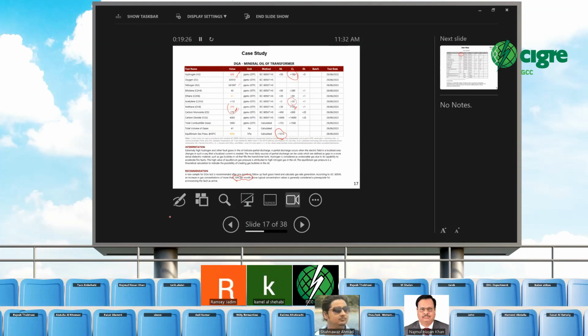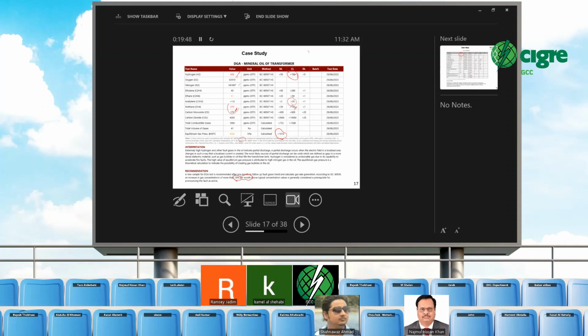And this is according to the IEC standard 60599/2022. The last version, it's 20. The problem is that acetylene comes with very, very high temperature.